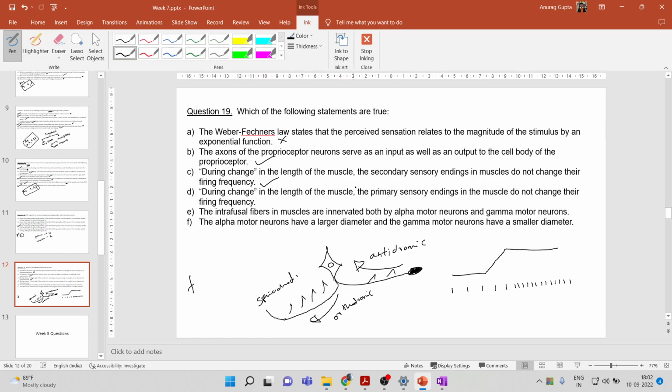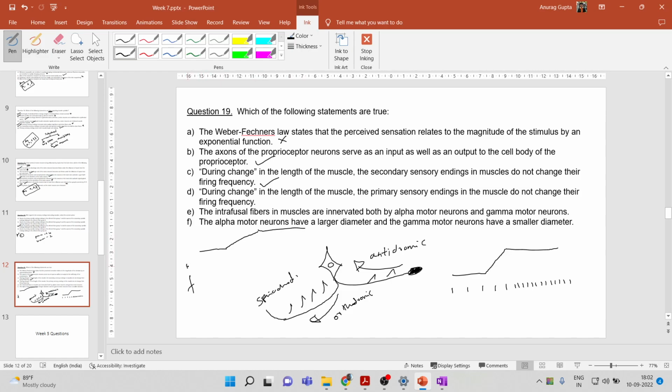D, during change in the length of the muscle, the primary sensory endings in the muscle do not change their firing frequency. This is not correct. During the change, they actually change their firing frequency, and the velocity of the change determines what the firing frequency is during the change. So, for example, let's say we have a case like this.